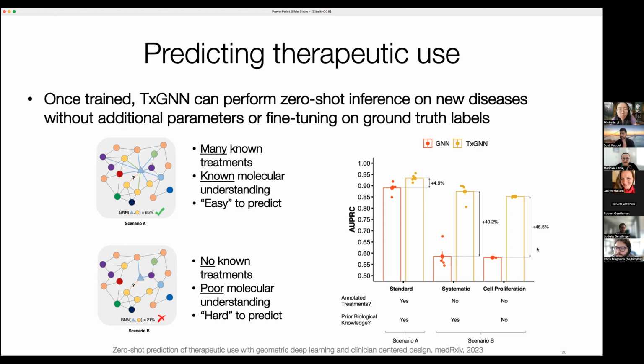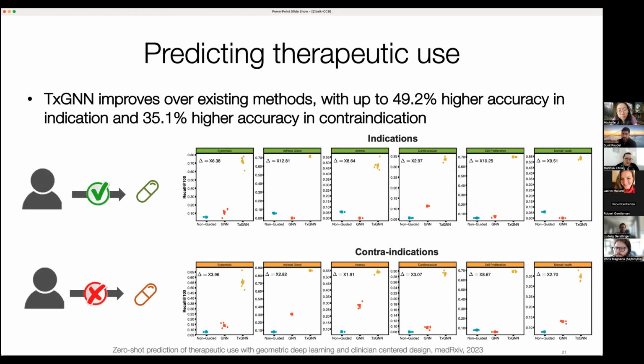We see a lift in performance that is really substantial over prior work. In particular, TXGNN improves over existing methods by up to 49% in accuracy when predicting indications, so positive use of therapies, and achieves over 35% higher accuracy when it reasons about contraindications.